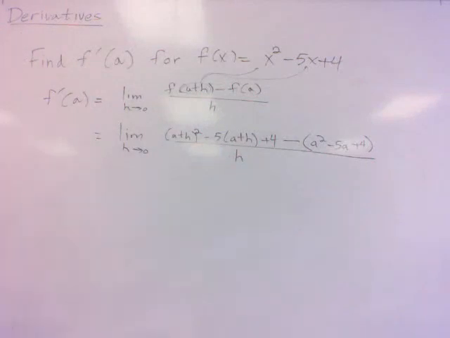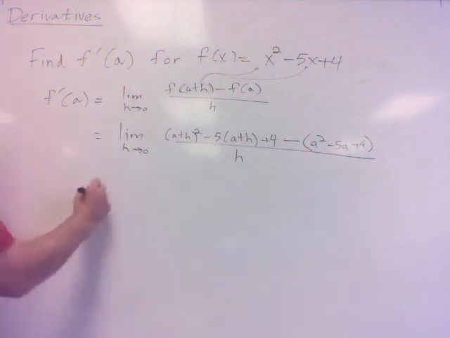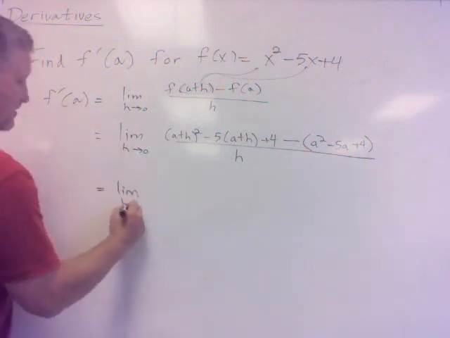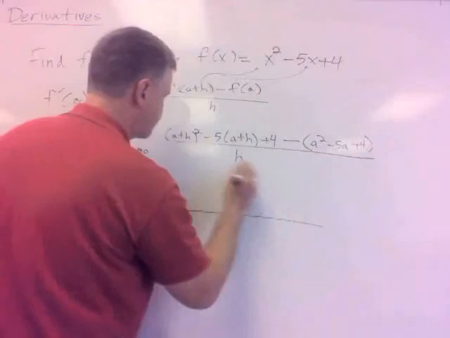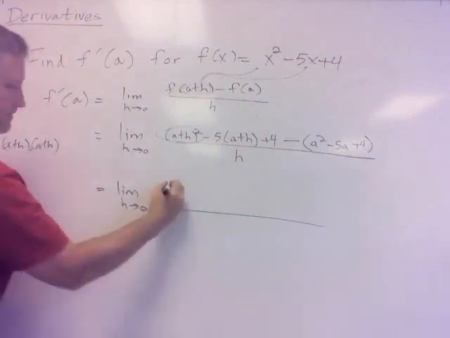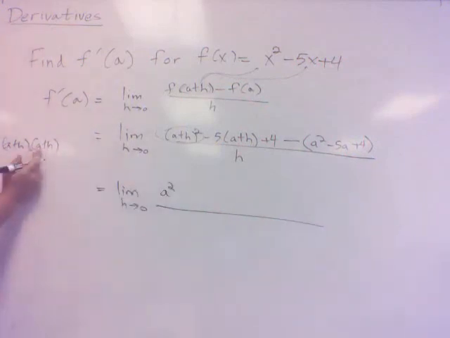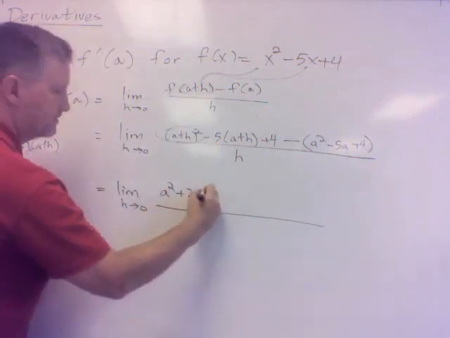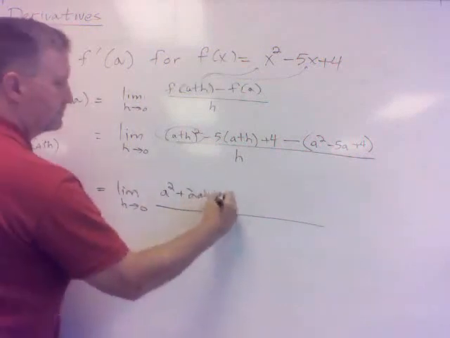What do we do with that? Do all the math, all the algebra there, all the good stuff. Square that a plus h out, a plus h times a plus h, right? What do you get? You get a squared, ah plus ah, that's 2ah, and h squared.